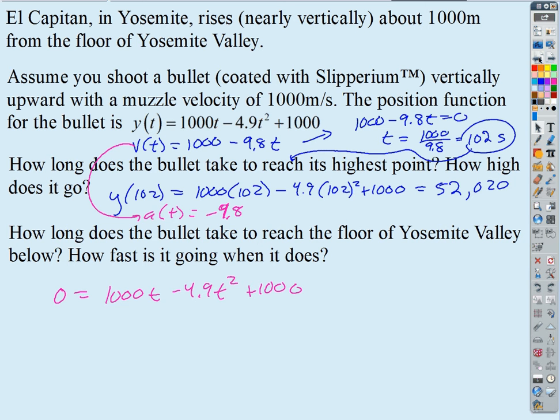What's the only force acting on the bullet the whole time it's in the air? Gravity. So the work done by gravity on the way up is going to be positive or negative? Negative, right? What does that mean? If the work done by gravity is negative, then it's storing that as potential energy, essentially. So the energy is being converted from kinetic to potential on the way up. What's happening on the way down?